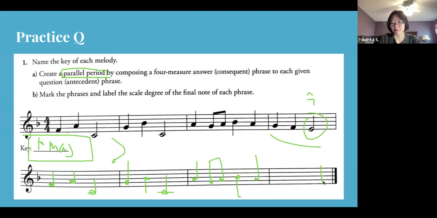Does anyone want to come up with this last measure here?